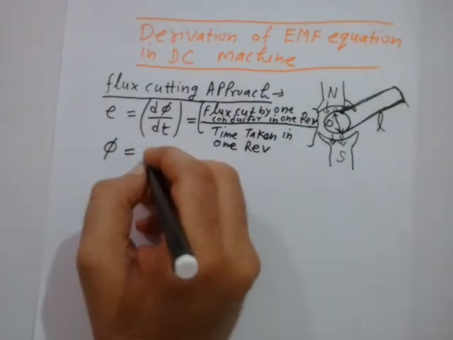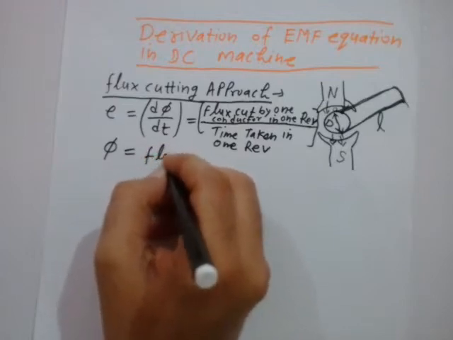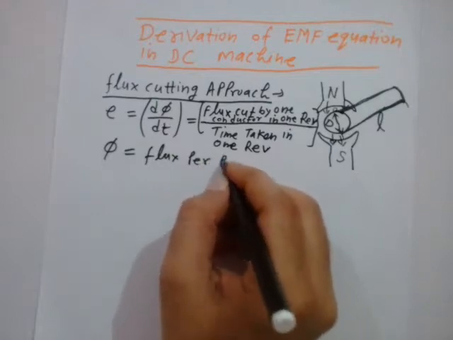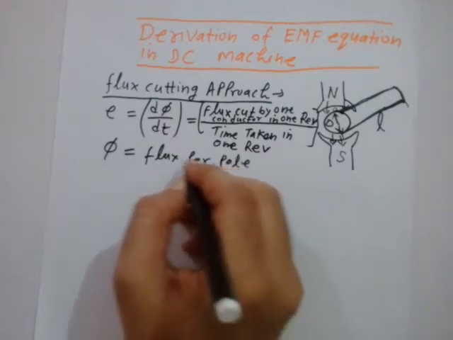Let me call this flux phi, and it is flux per pole, right? In a DC machine you will always take flux per pole.